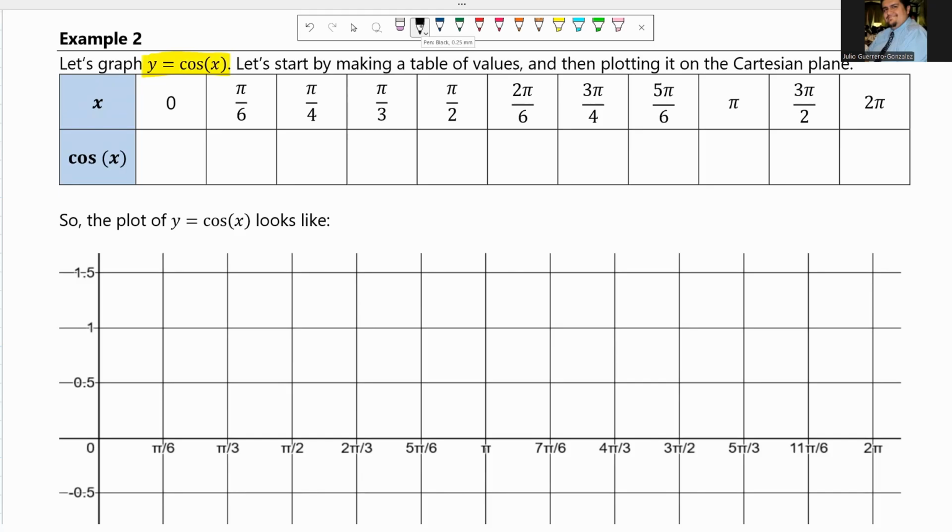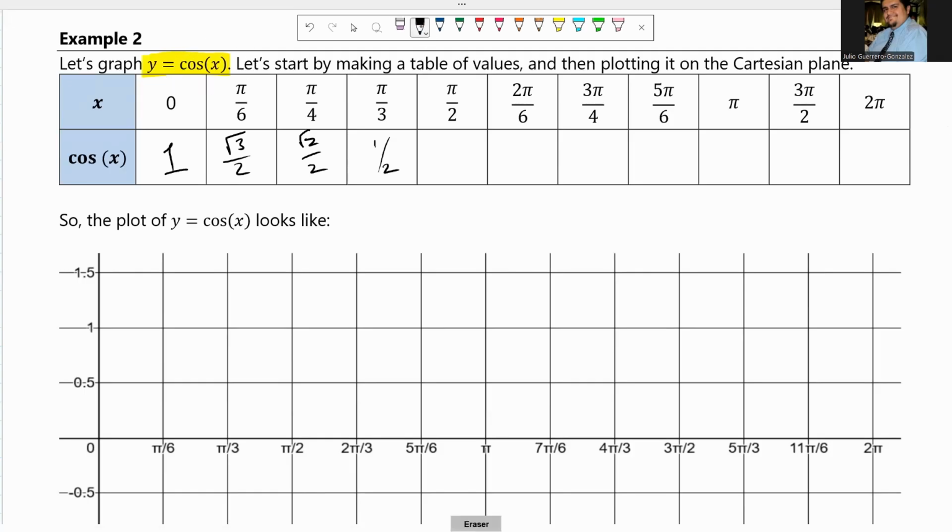So at 0 degrees, it is 1. At pi over 6, we're looking at root 3 over 2. At pi over 4, that is root 2 over 2. At pi over 3, that is 1/2. At pi over 2, keep in mind, we're looking at the x value now of our coordinate because we're looking at cosine.